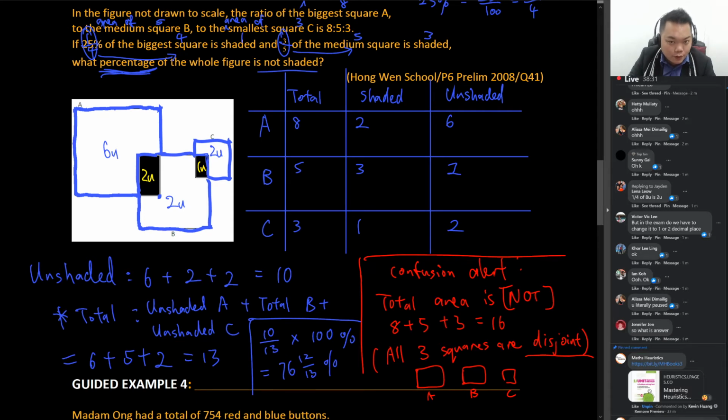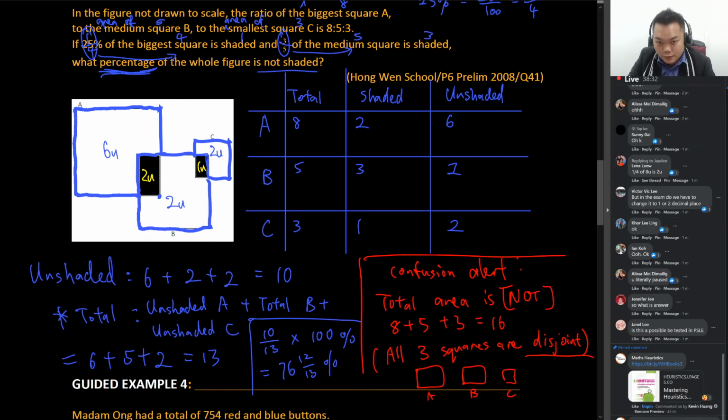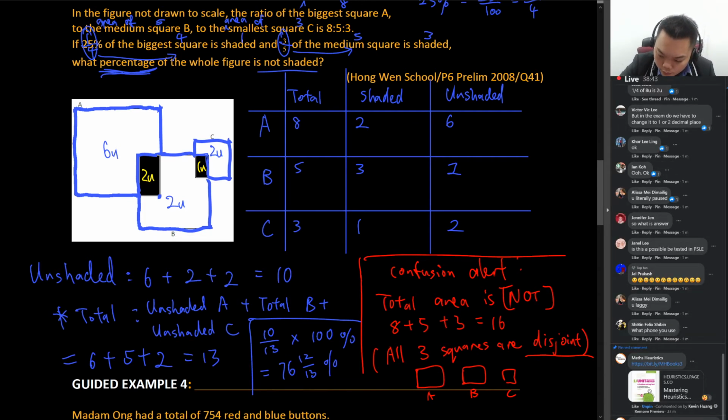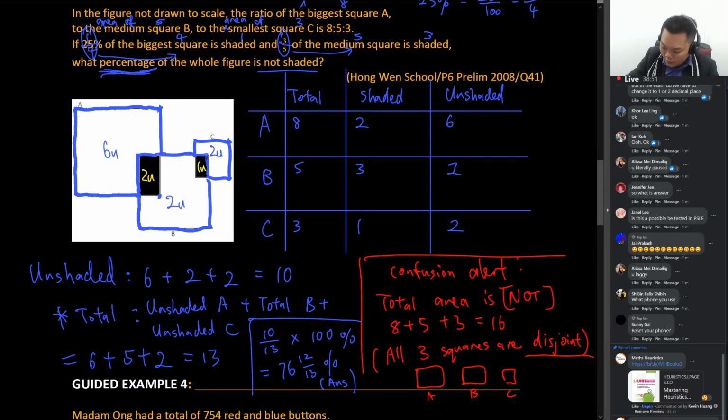You literally paused? No lah, I'm still in real time, but video itself got something wrong. What is the answer? This will be the answer. Alright? What phone you use? Note 9. Reset my phone.